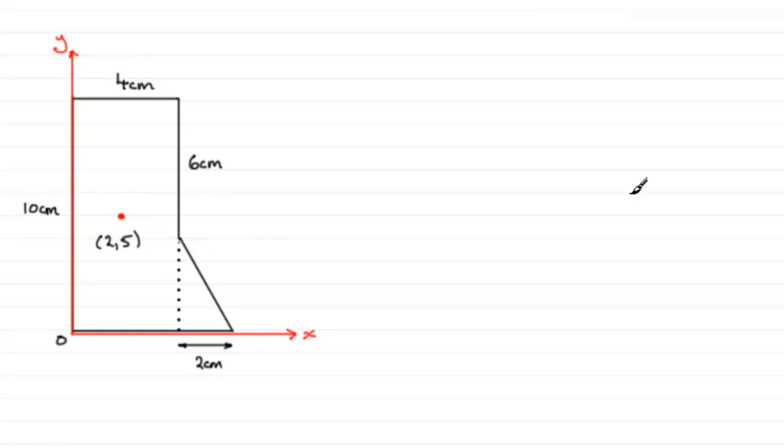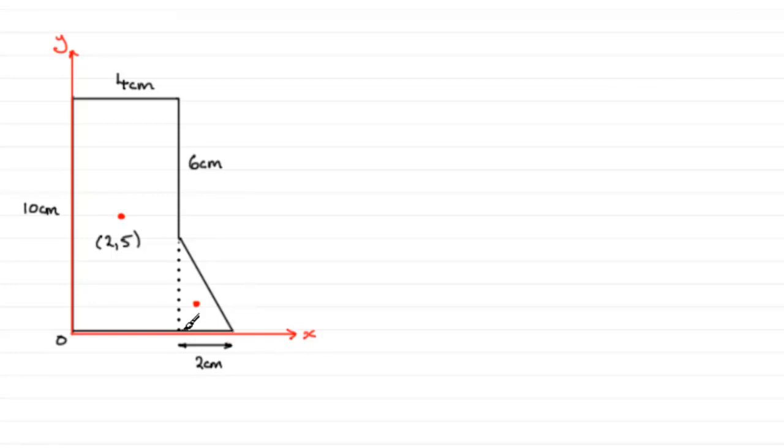Now the center of mass of the triangle is going to be at the intersection of the medians. As I showed you in an earlier video, it's going to be somewhere around there. But you can work out the coordinates of the center of mass by doing the mean of the x and y coordinates of the vertices. And if you're unsure of that, again, I did that in an earlier video.